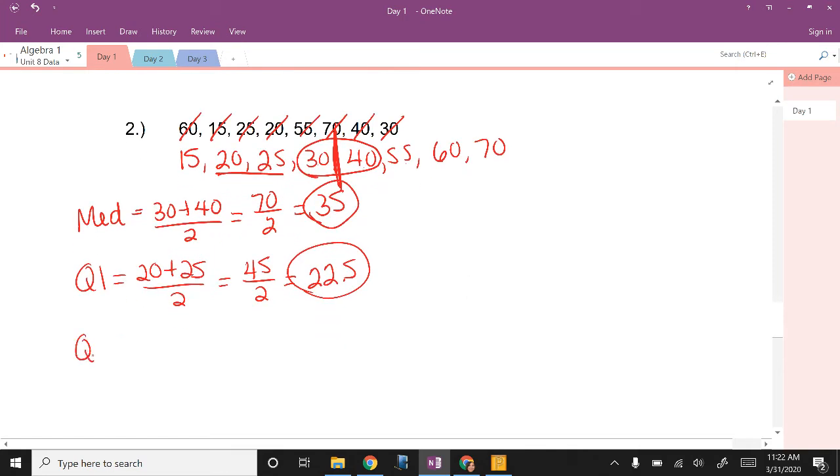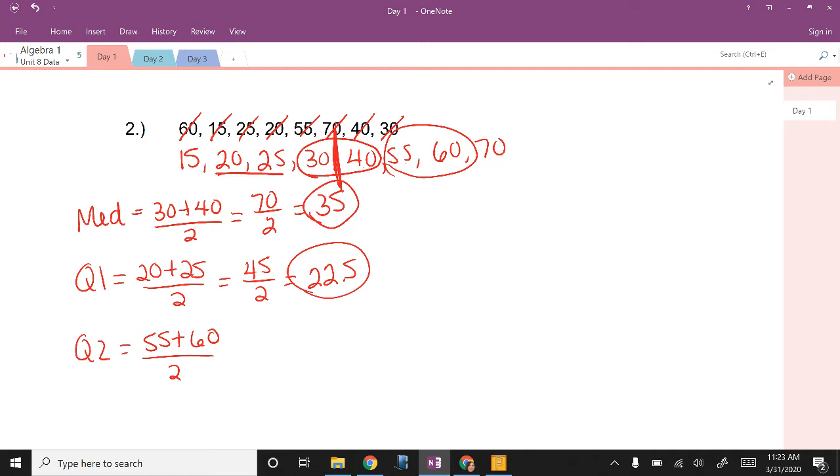My Q3, likewise, over here. My median of my second half of data is going to be between 55 and 60. So I find the mean of 55 and 60. So 55 plus 60 is 115.